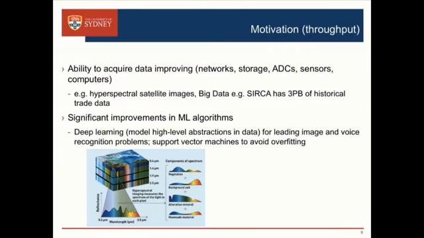Also in throughput, our ability to acquire data is improving enormously, and with things like hyperspectral imaging, we can generate data much faster than we can process it. There's another Australian company called Circa. They archive all of the Thomson Reuters financial data, and they have 3 petabytes of data in their database.